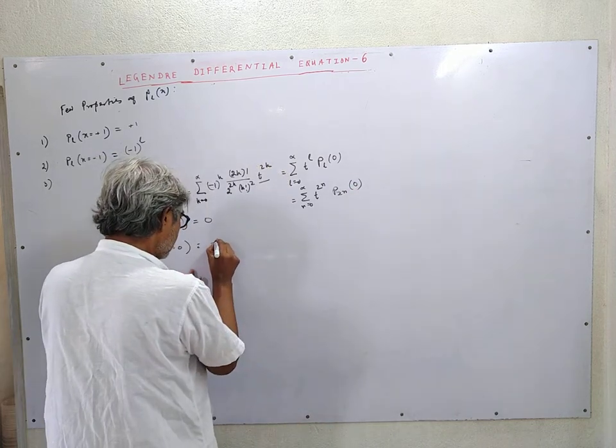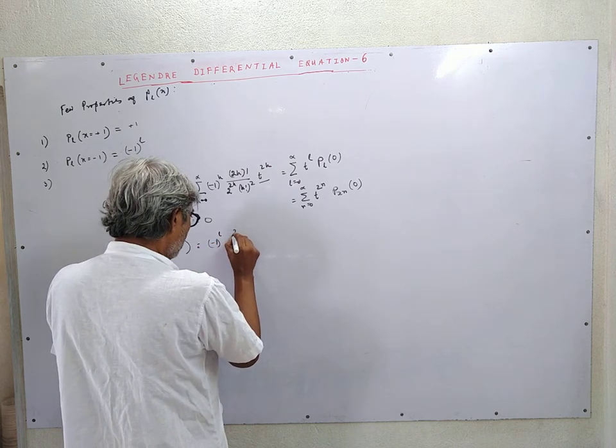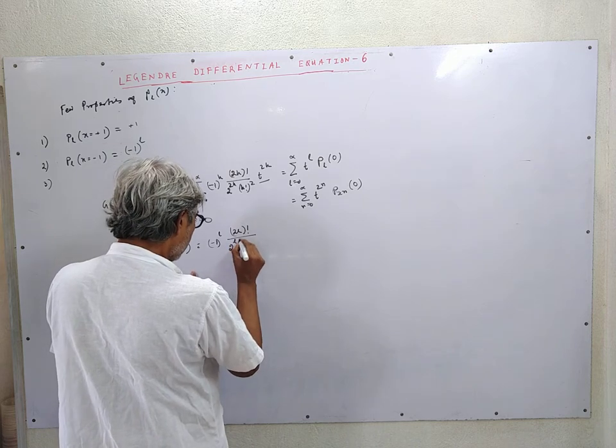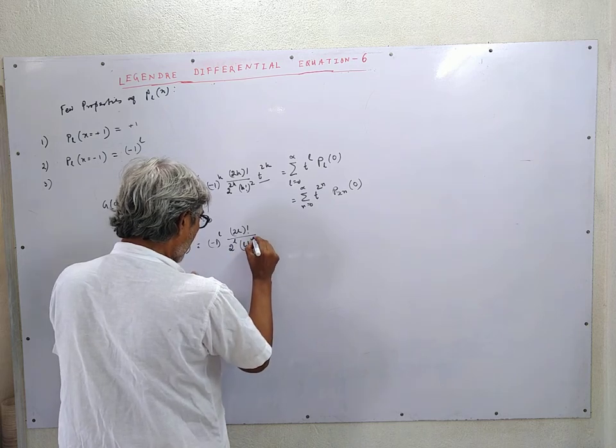So it is (minus 1) to the power L, (2L)! over 2 to the power L and (L!) square.